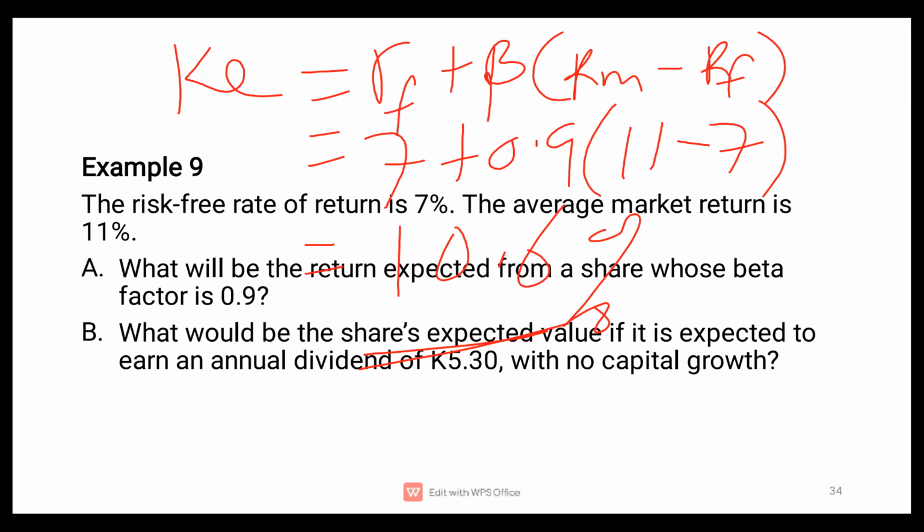That's 7 plus 3.6, that's 10.6. Okay, all right. So this is the cost of equity, or the expected rate of return from common stock, which is the same as the rate of return expected from ordinary shares. It's the same thing. I'm trying to teach you the language used so that you get used to it.